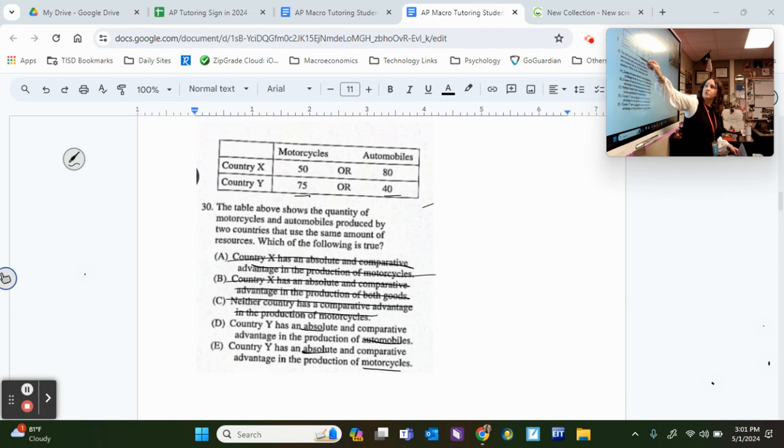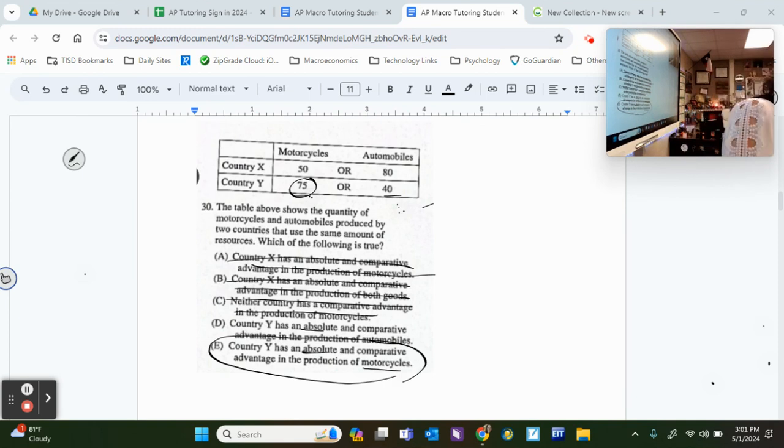They can make more motorcycles, but fewer automobiles. So they have an absolute advantage in motorcycles, and they don't have an absolute advantage in automobiles. And so it's got to be E. Wait. Yeah, I wrote it wrong here. Okay, I'm done. It's E.